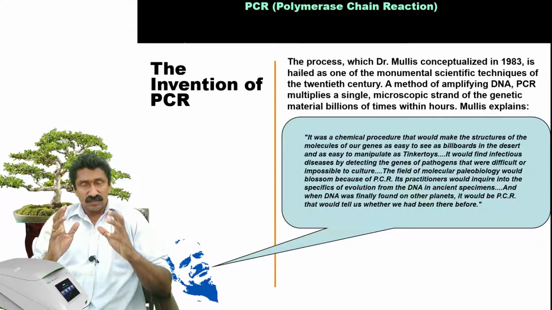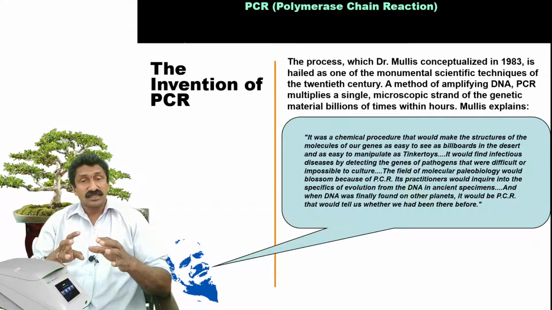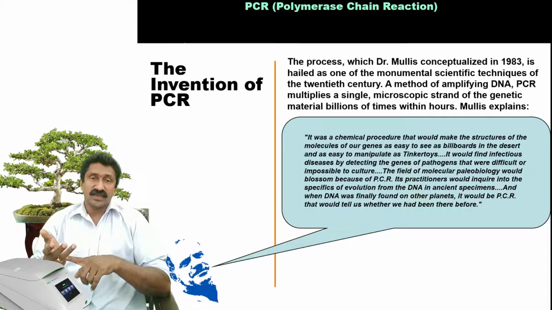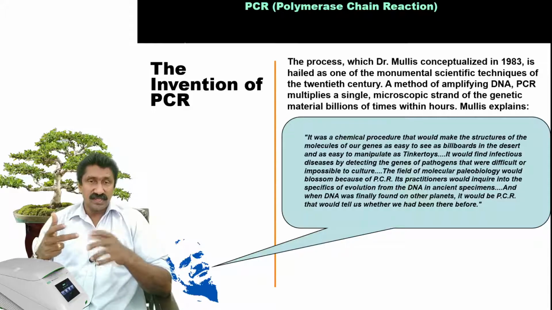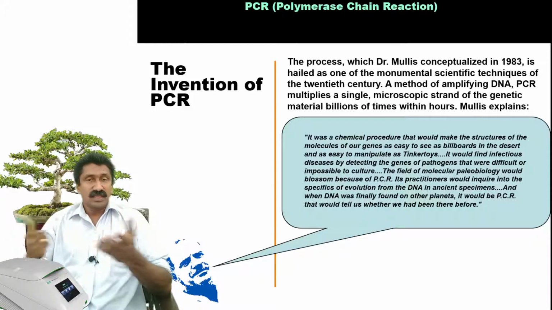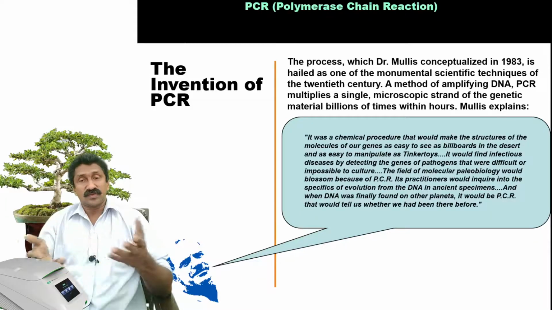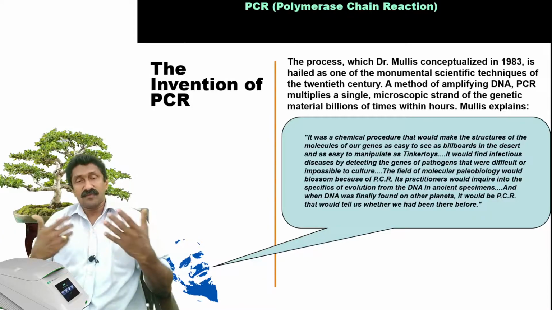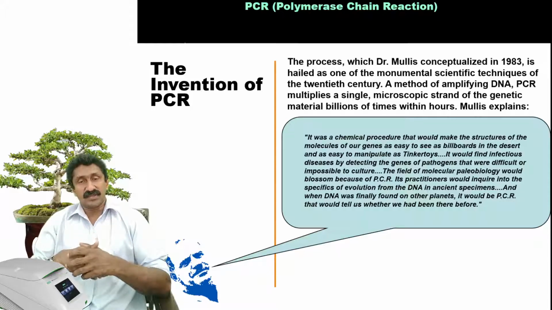So while inventing this machine, Kary Mullis briefly stated the scope of this invention, or the applications of this invention, in various fields like amplification of DNA samples, identification of pathogens and disease diagnosis, then analysis of prehistoric samples, and even exploration of other planets and identification of life forms on those planets.